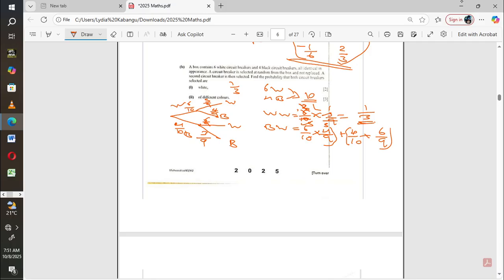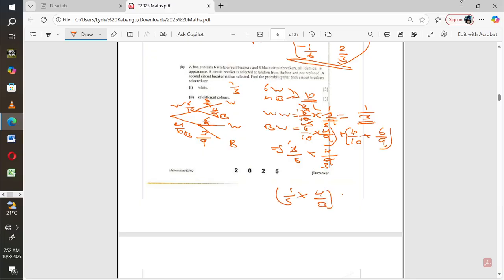Now for different colors, we come to this one. We have 6 over 10, which simplifies to 3 over 5, multiplied by 4 over 9. 3 into 3 is 1, and 3 into 9 is 3, so we have 1 over 5 multiplied by 4 over 3.